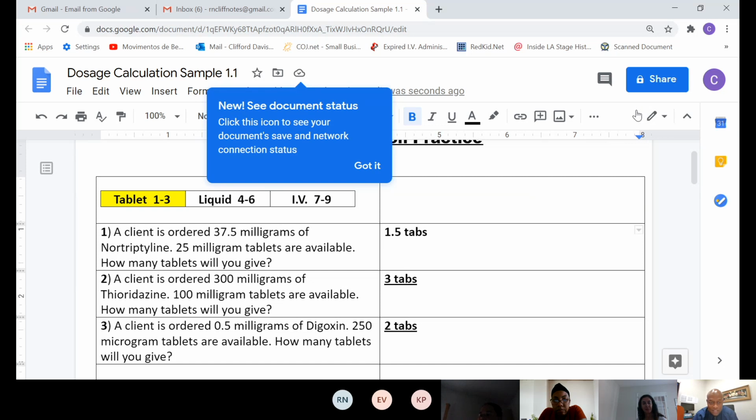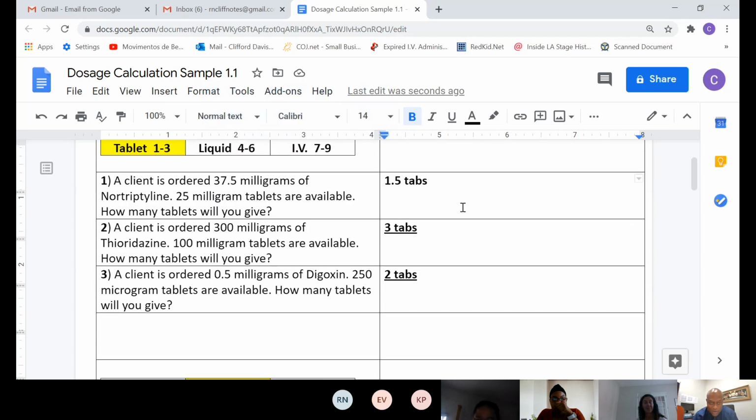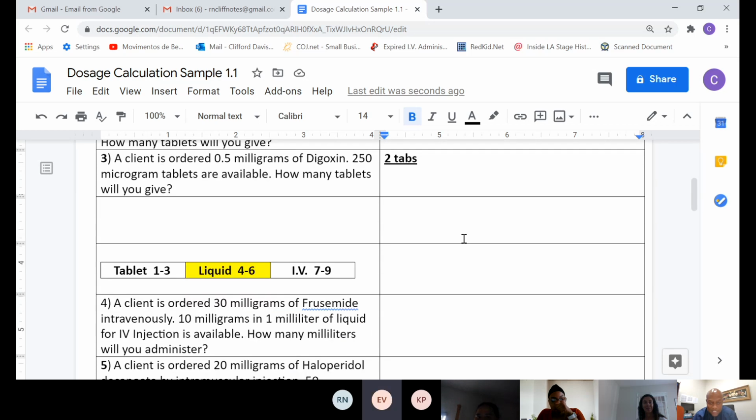Okay. All right, that works. Now, is there anybody that struggled with any of these 3? Or maybe didn't get it right and want to see the correct answer? Okay. No? Okay. I guess we're ready for the liquid type.